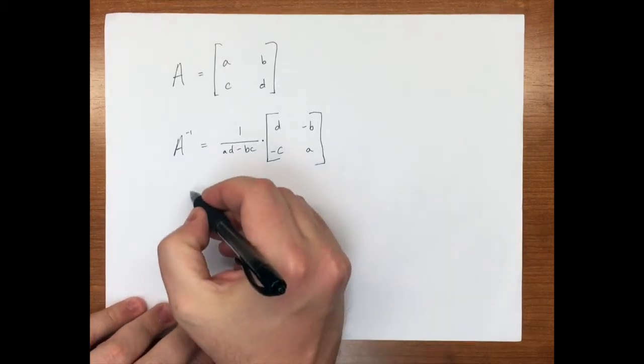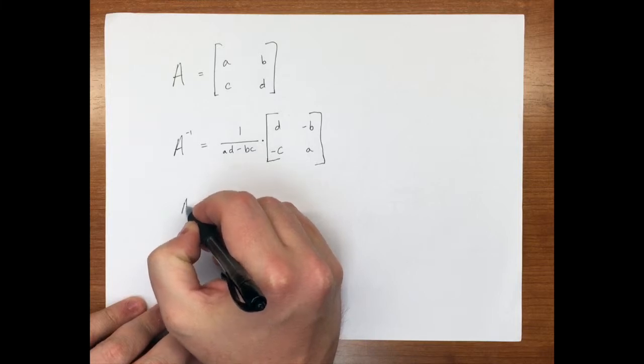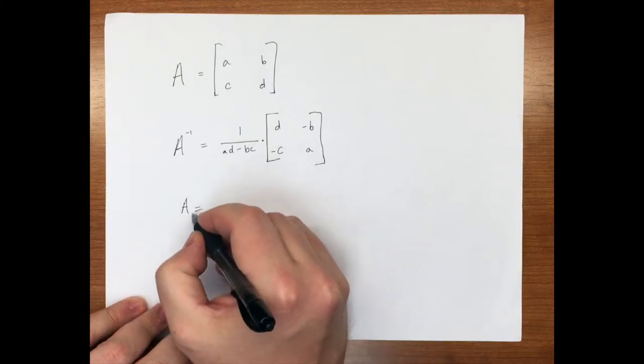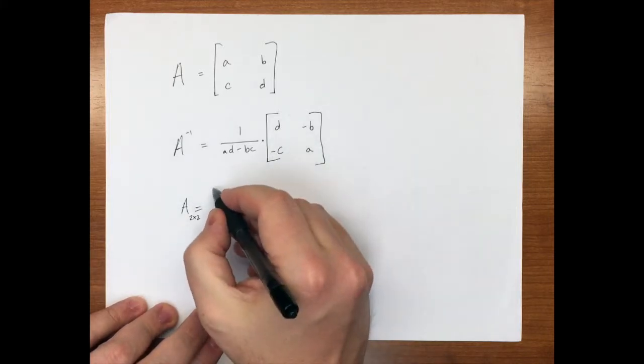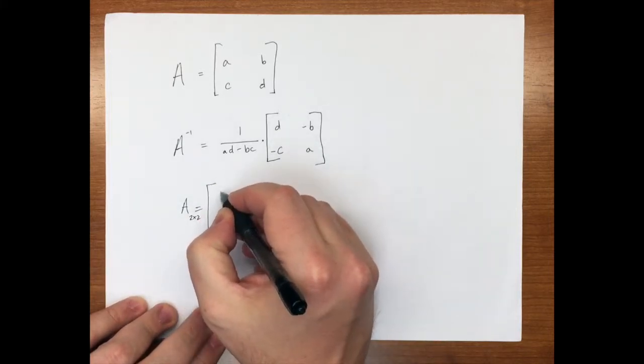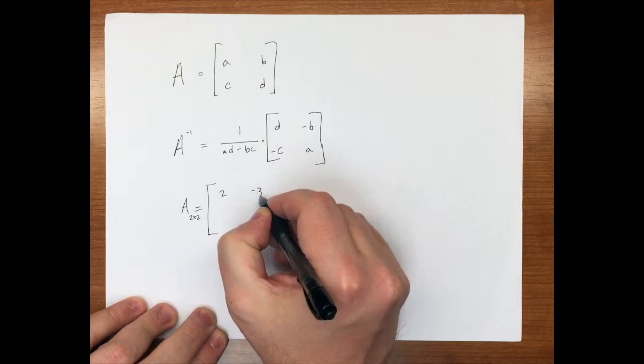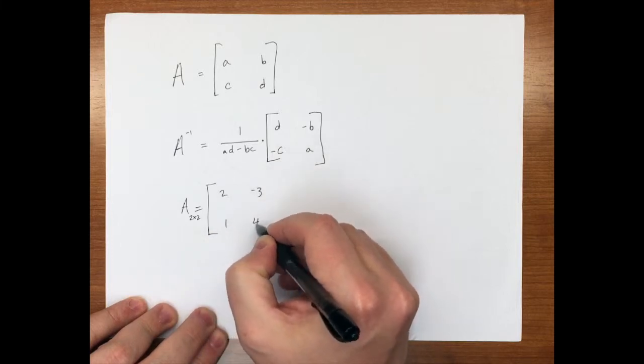Let's take a look at an example here. Let's call the matrix A a 2 by 2 matrix, and let's say A is 2, -3, 1, and 4.